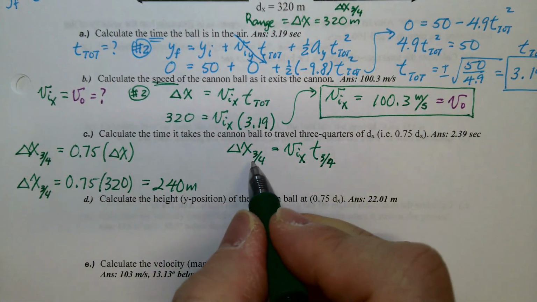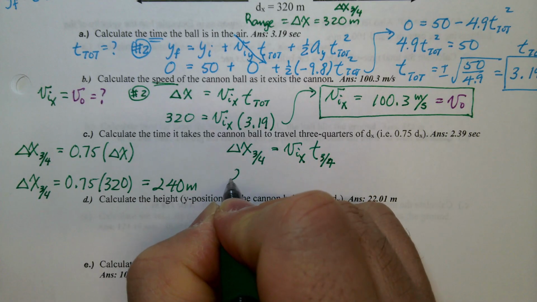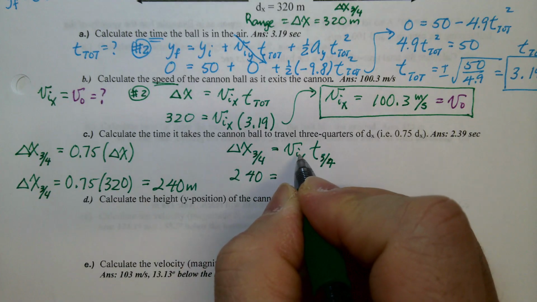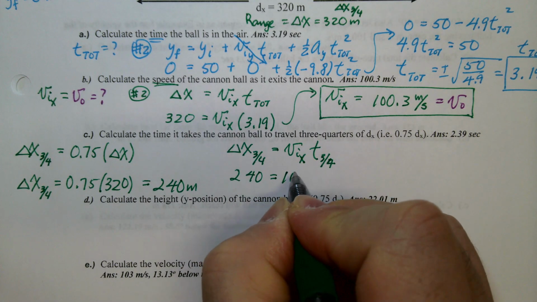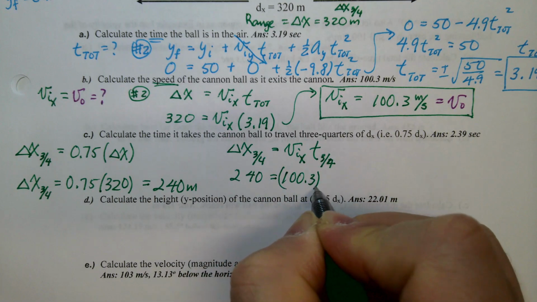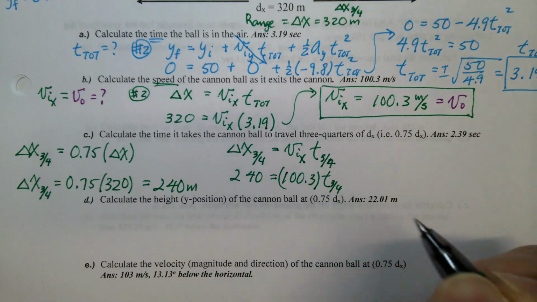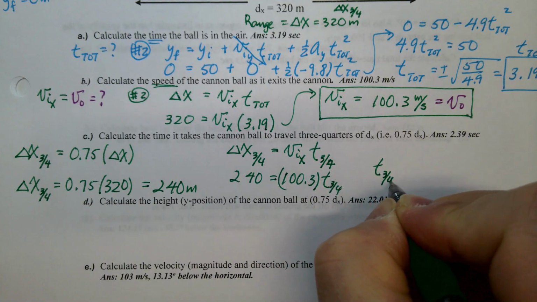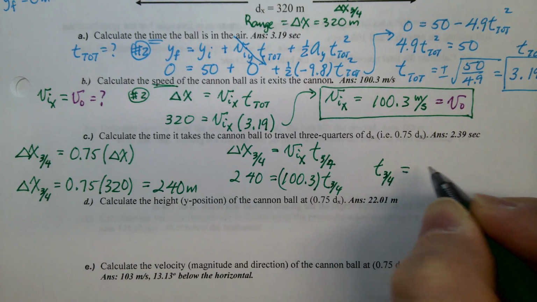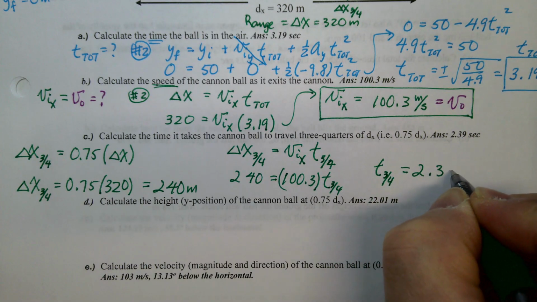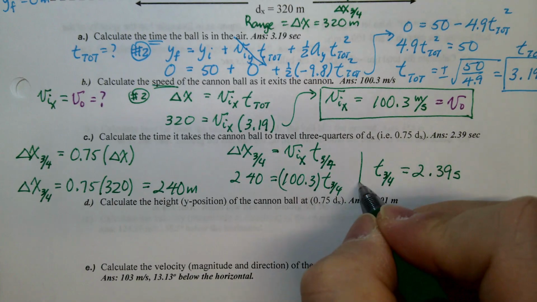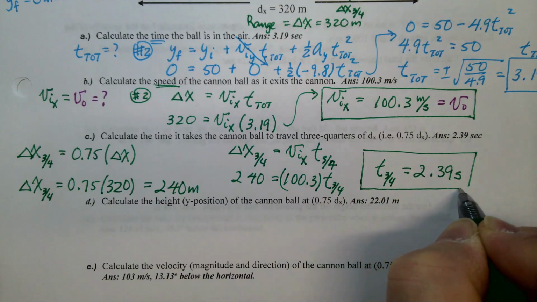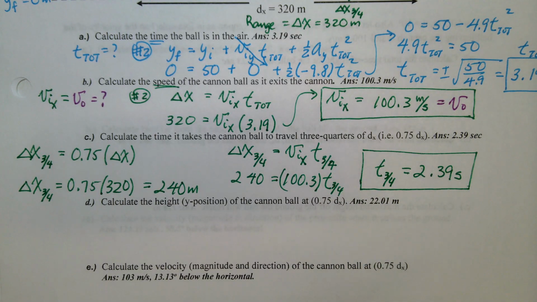Therefore, instead of 320, I use 240 is equal to your VIX, which we calculated to be 100.3, times t at 3/4. So if I solve for t at 3/4 of delta x, that should come out to 2.39 seconds. Are we good? Alright.